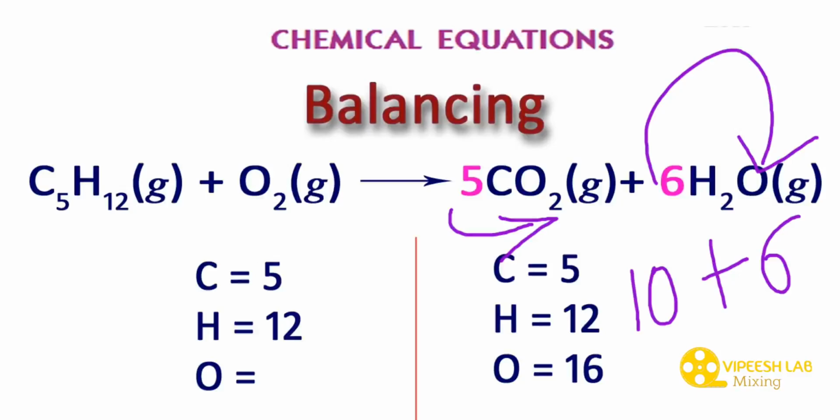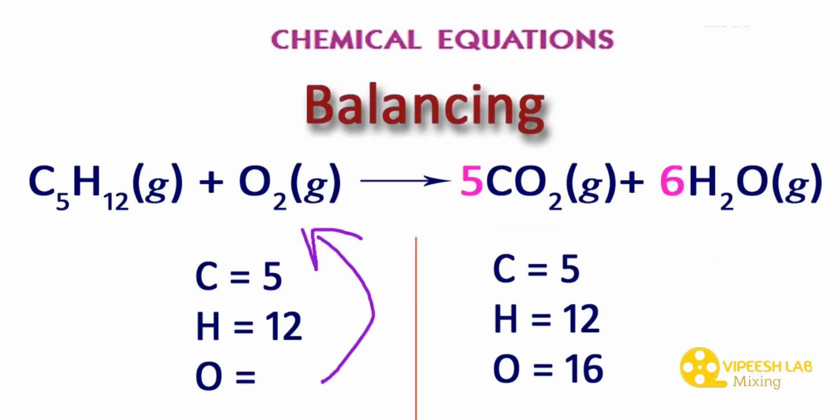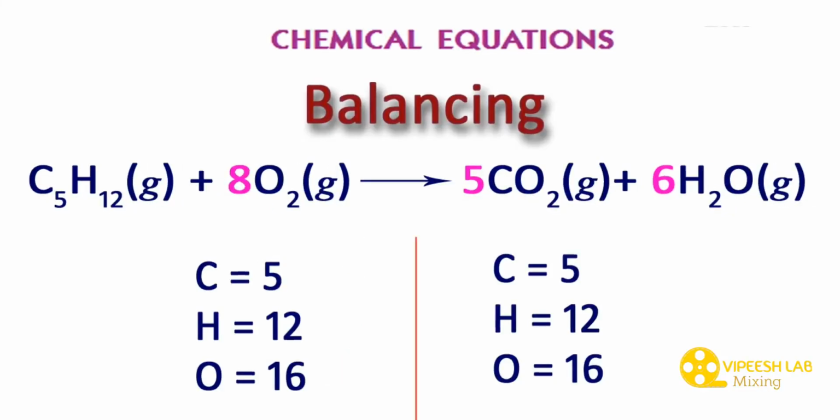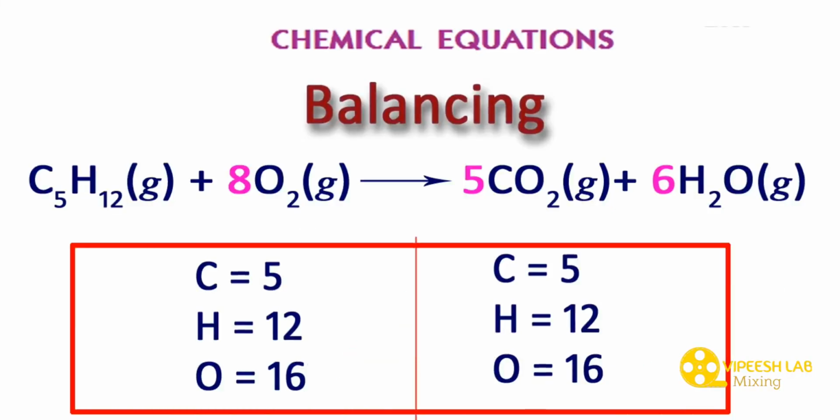So next one, oxygen. Finally, oxygen should be added on the LHS side to match the RHS, by 8. So 8 into 2, overall 16, and the RHS will also be the same, 16. So that's balanced now.